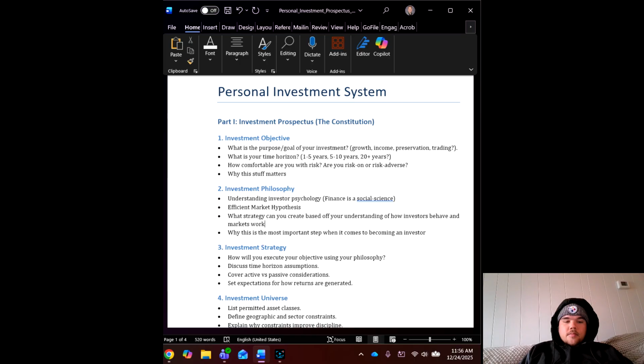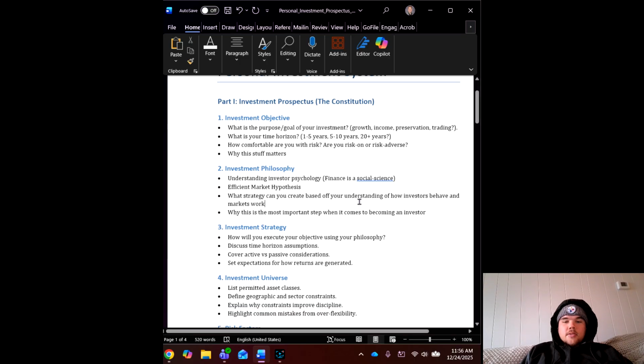I would say the ingredients, or the steps, of an investment philosophy: number one, all investment philosophies begin with a view about how human beings learn or how they fail to learn.